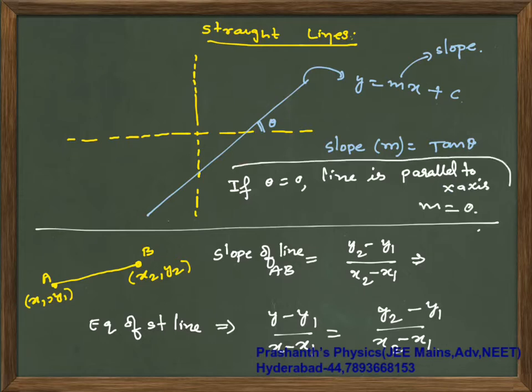This point is very important. If theta is 0, tan theta is 0, which is of course the slope. So that means your straight line is parallel to x axis. If slope is 0, line is parallel to x axis. So this is how you get the straight line equation.